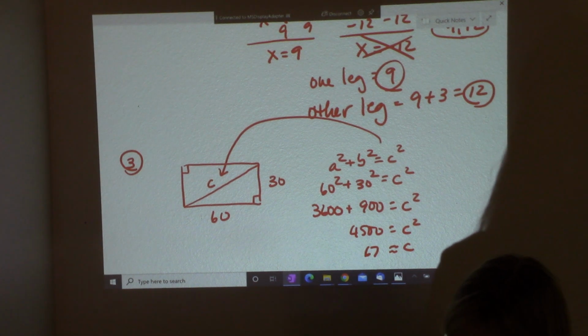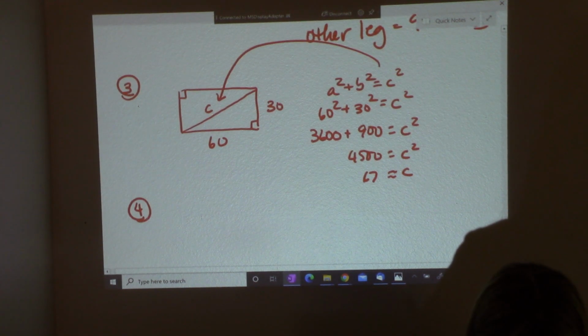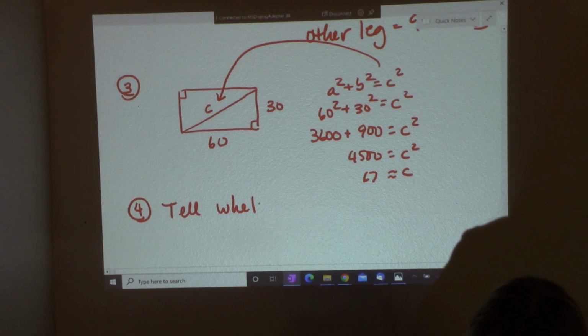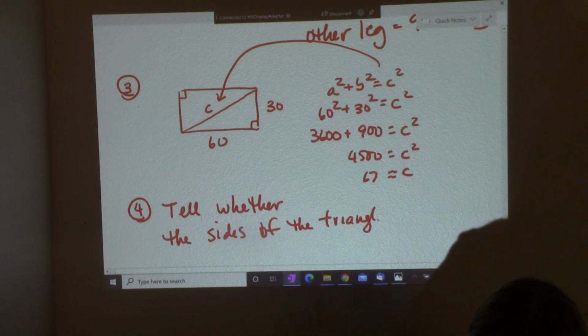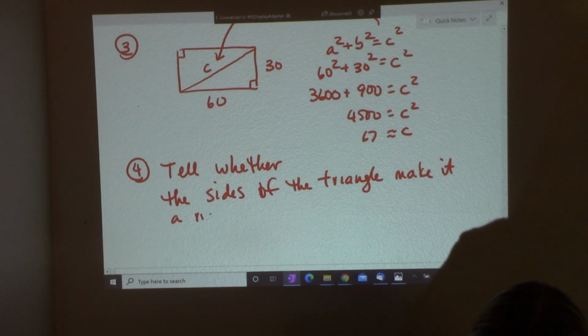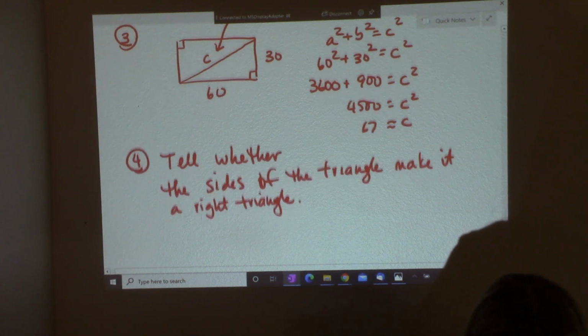All right. I'm going to just go over one more thing. We want to tell whether the sides of a triangle make it a right triangle. Okay?